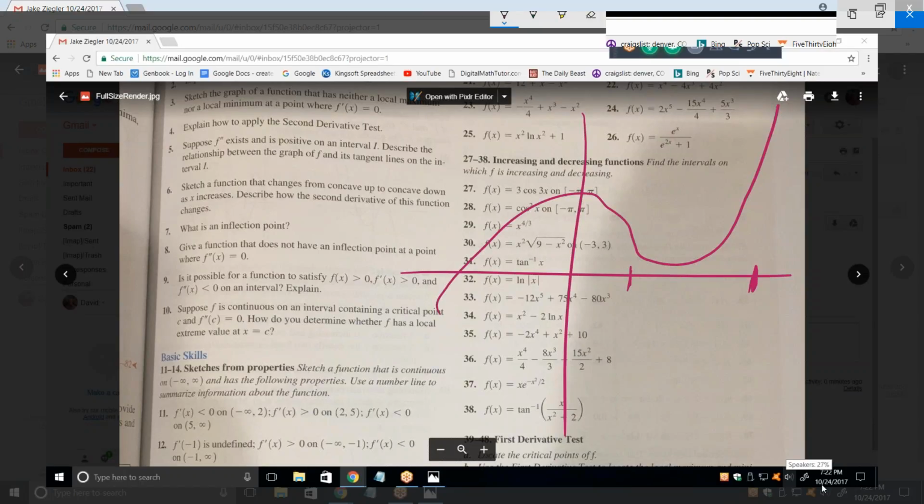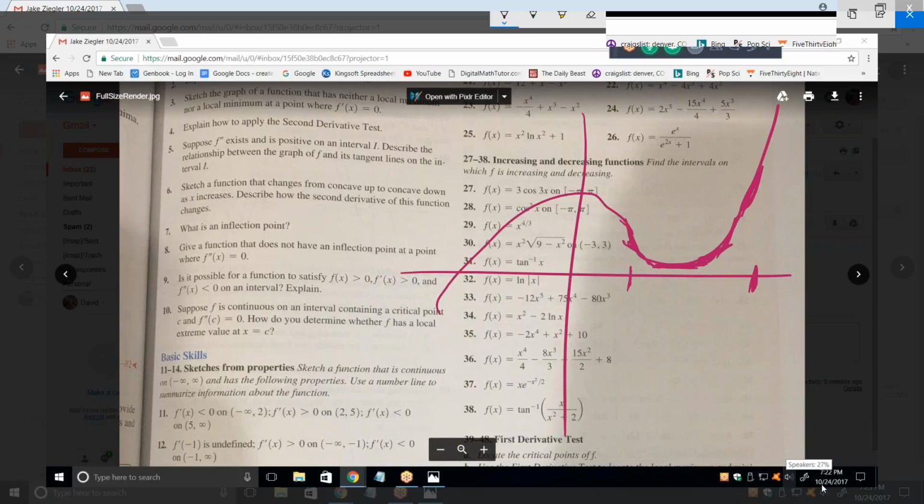Describe the relationship between the graph of f, which is what I have here, and its tangent lines on that interval. Well, we have a bunch of tangent lines. What's going on with the tangent lines? What are they going from? What's their sign here? What's their sign over here?